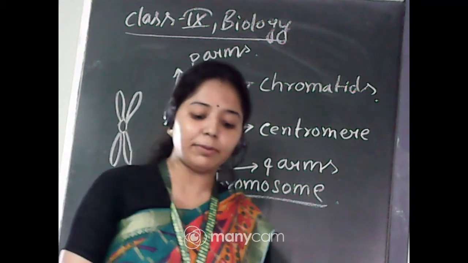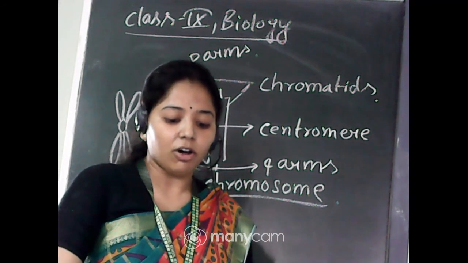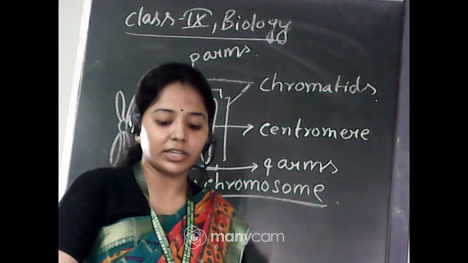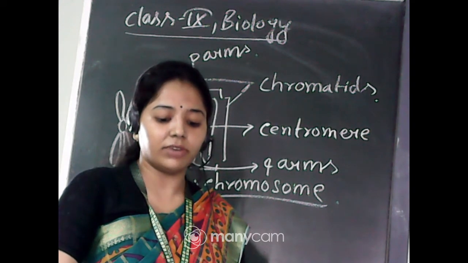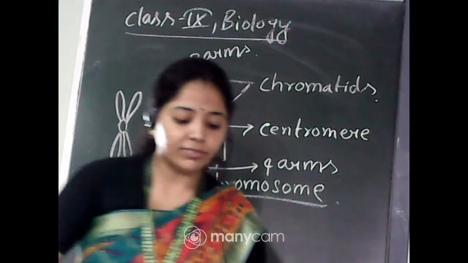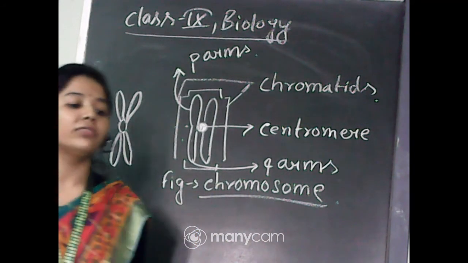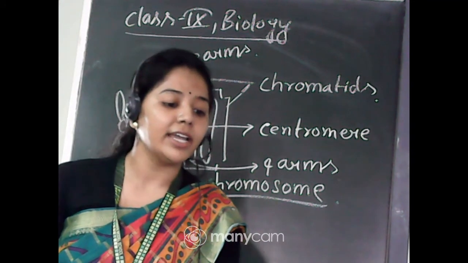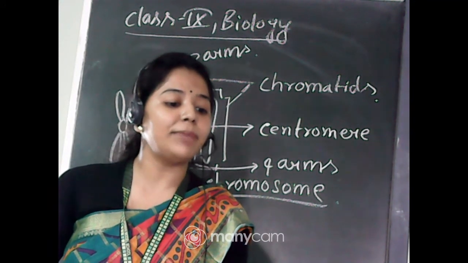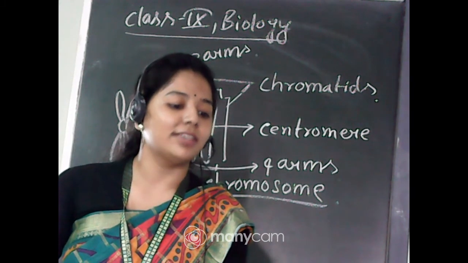The genetic information contained in DNA has all the information necessary for functioning, growth, reproduction, everything. Here we have seen that the functional part of DNA is known as a gene. Yes, Jasmine: P arms are also known as short arms and Q are the longer arms.